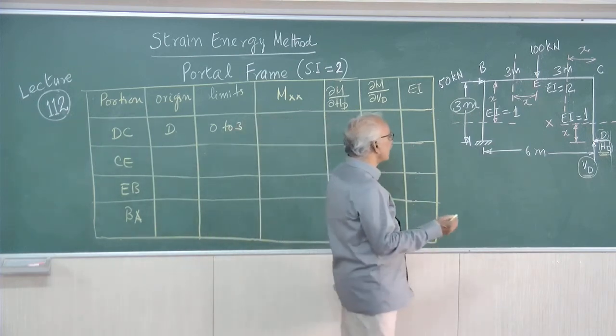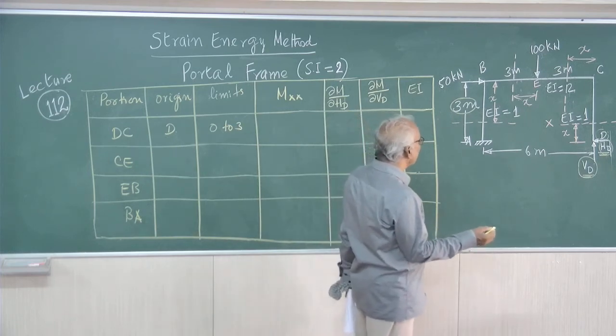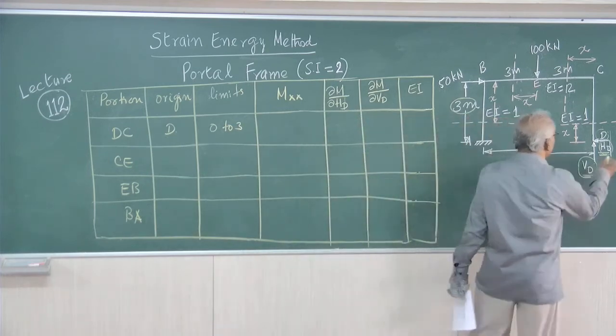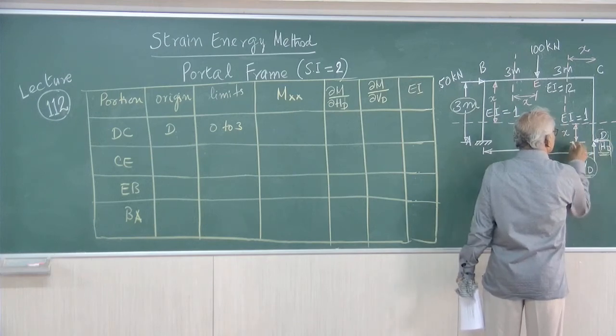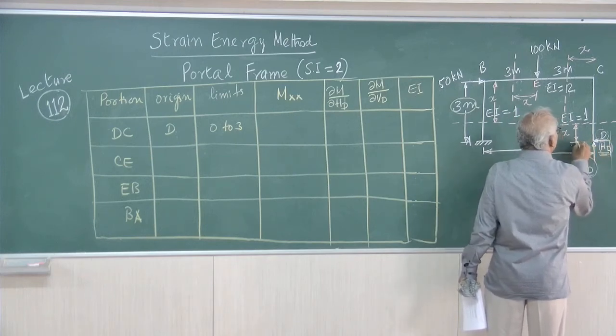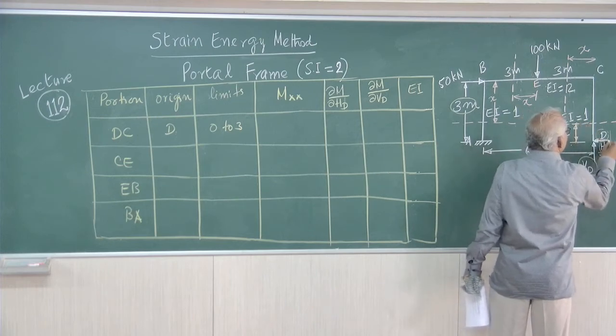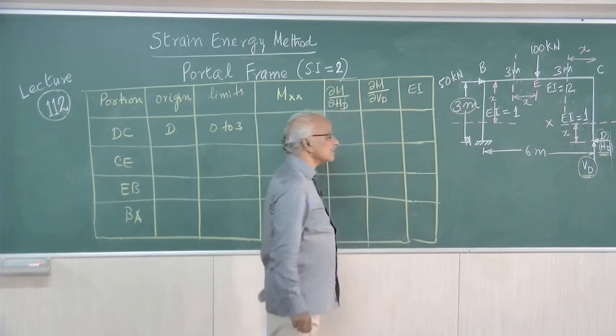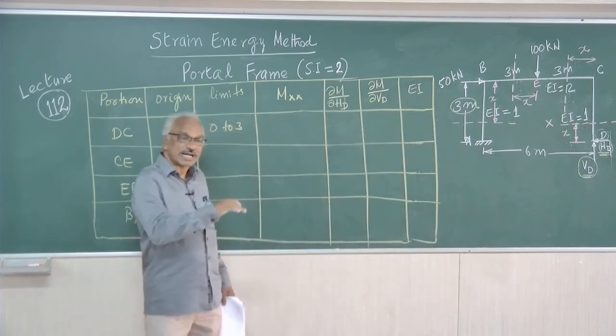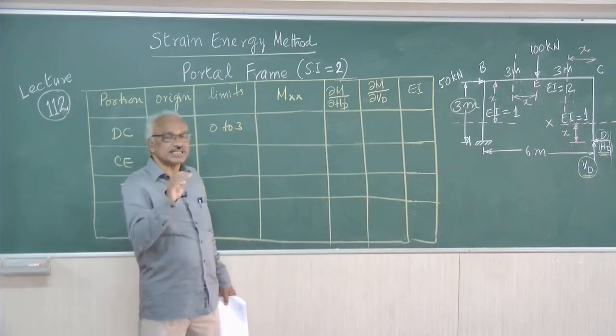Hd is taken towards left, so the moment is Hd into x meters. Hd into x is a clockwise moment. To the right of the section, clockwise moment is negative.